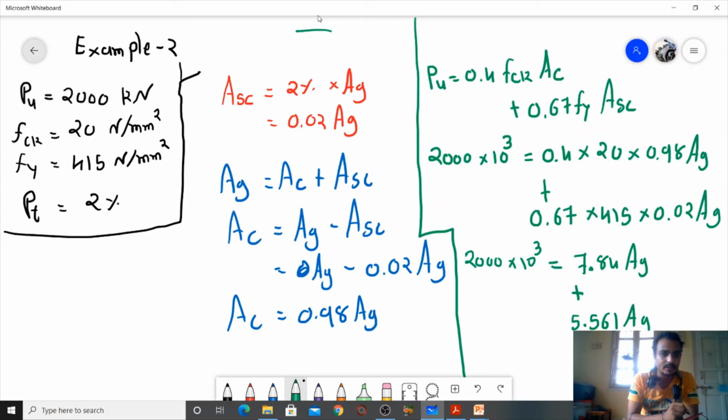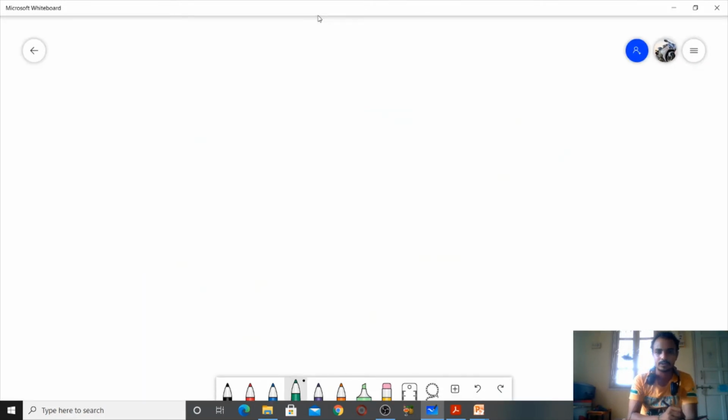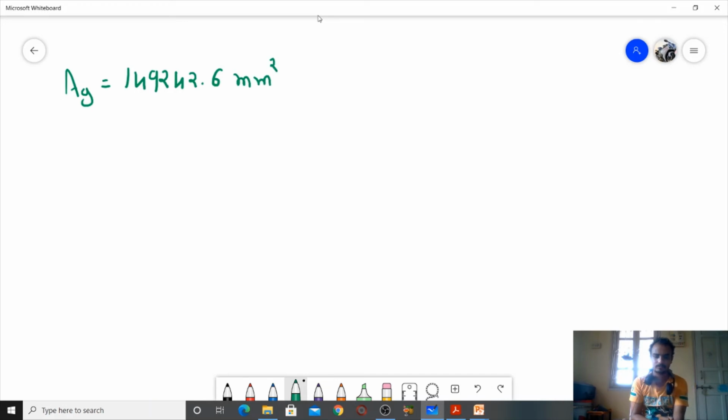So by this value we can find out Ag, the area of gross, which is 149242.6 mm square.